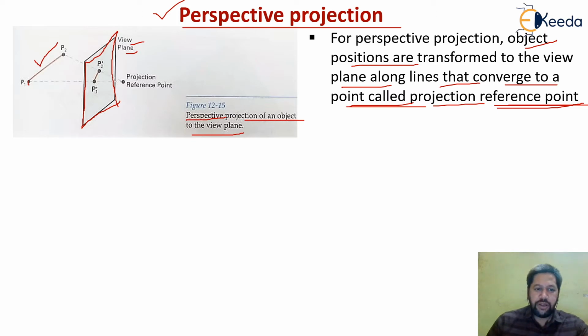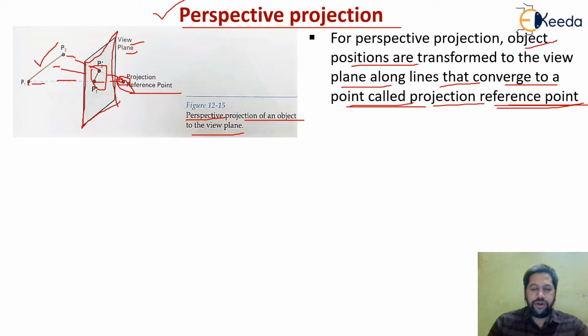I am taking all these lines to this point, which is my projection reference point. When P1 and P2 are viewed from this point, it is not taking parallel lines. Considering the distance, my line will be displayed something like this on my view plane. This is the perspective projection of an object.